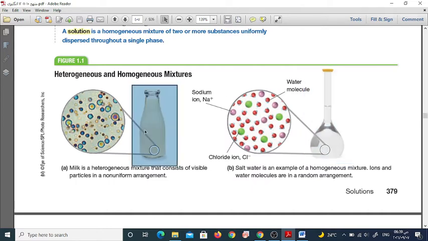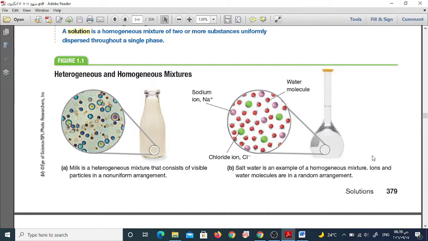However, in the case of milk, you will find many suspended particles in it. So the milk is a heterogeneous mixture, and the salt dissolved in water is a homogeneous mixture. So we have two types of mixtures, homogeneous and heterogeneous.